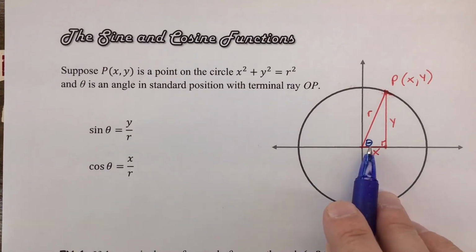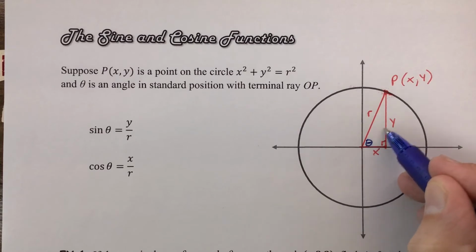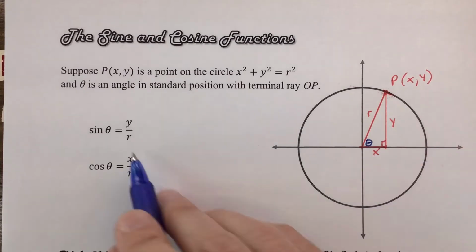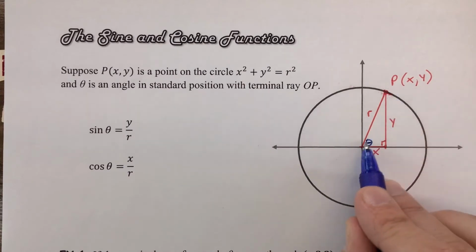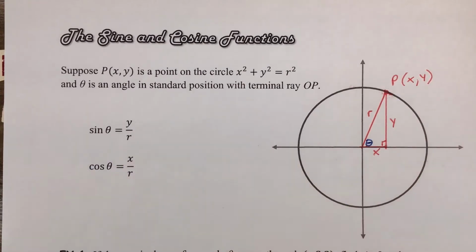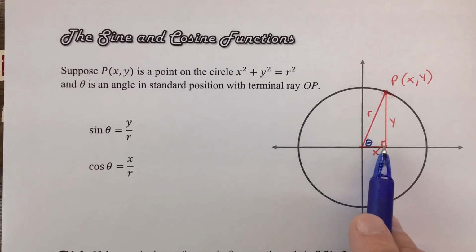If you look at where theta is here, the side that's opposite of it is the y value, and the hypotenuse would be the radius here. So what we've really done is take the ratio that we know from right triangle trigonometry and apply it to an angle that is centered at the origin and rotating around.